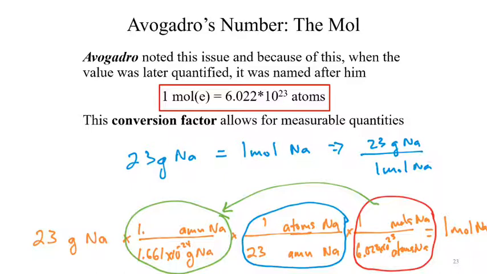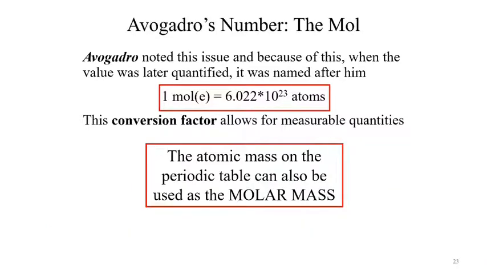Which means when I go through to look at the periodic table, that tells me an atomic mass can also be given as a molar mass. Except when I shift from an atomic mass, which is units of AMUs, who the hell knows what an atomic mass unit is, per atom, it could also be more usefully written as grams per mole.